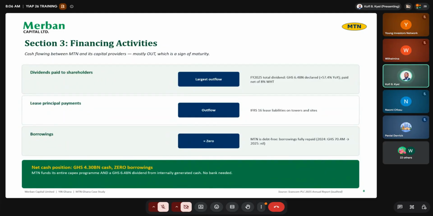Now let's move on to the next section, the financing activities. So, cash flowing between MTN and the capital providers. This one mostly captures the outflows, which is a sign of maturity. So dividends paid out, lease principal payments out, borrowings.